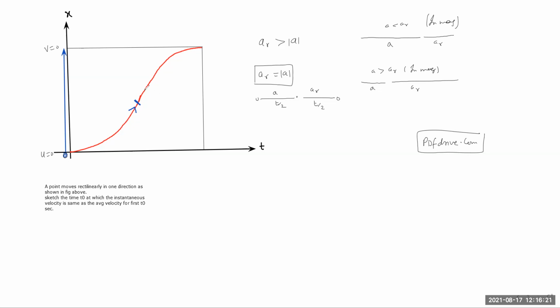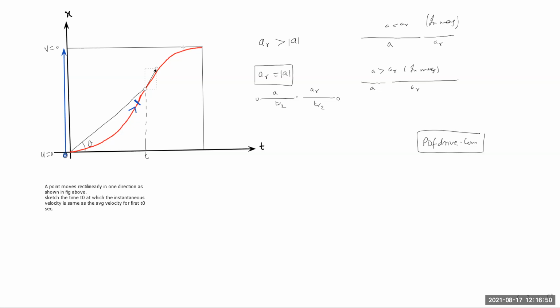Let's say I take a random point here. This is the slope, so this tan theta will give you the average velocity from the origin to this point t. Now, what is the instantaneous velocity at t? It will be along the tangent.